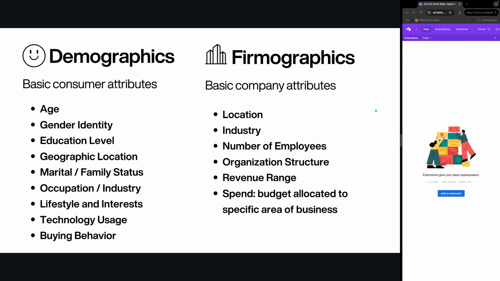Okay, so I want you to think about demographics, which I would assume a lot of people are familiar with, and firmographics as a way to figure out at the most high level who you should be talking to and who you definitely should not be talking to. It helps you separate the right people from the wrong ones. That kind of sounds a little bit savage, but it's true.